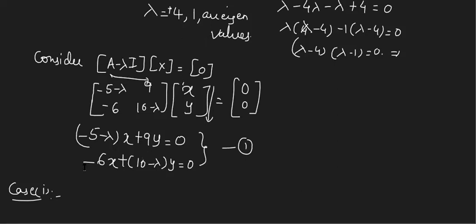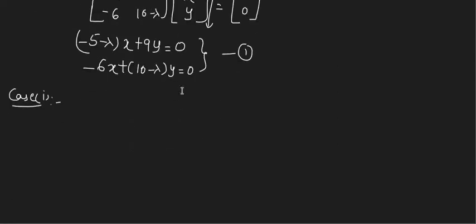So you need to take case 1 and case 2, separately for lambda equal to 4 as one set and lambda equal to 1 as the second set. Case 1: take lambda as 4. Where can I substitute this value? Equation 1. Where lambda is there, take it as 4. What will we get? -5 minus 4 is how much?